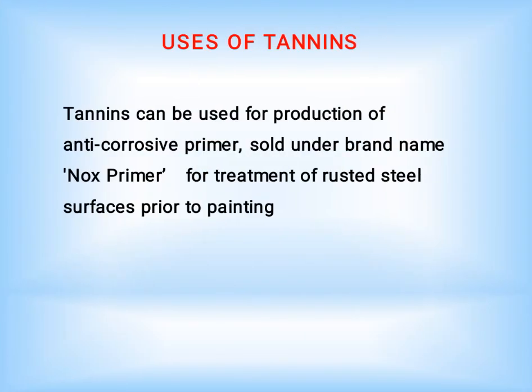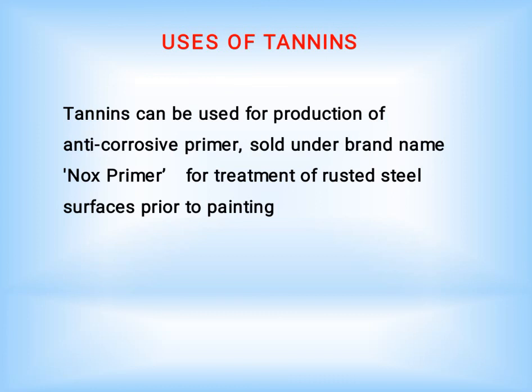Tannins can also be used for production of an anti-corrosive primer sold under the brand name Knox Primer for treatment of rusted steel surfaces prior to painting. So this is the commercial use or application of tannin.